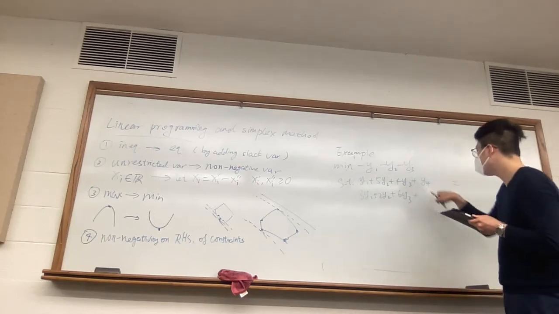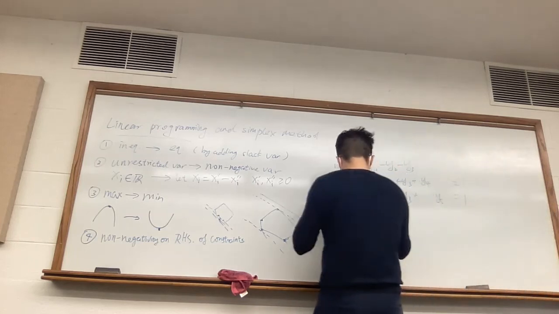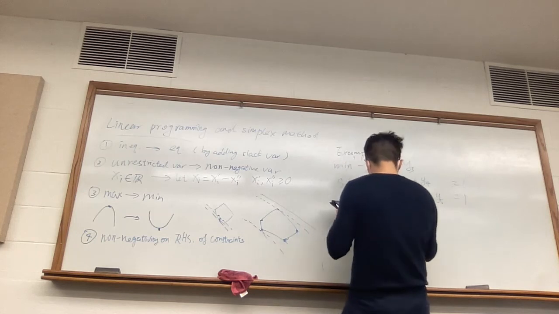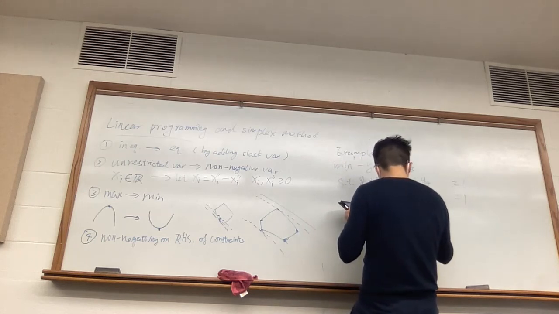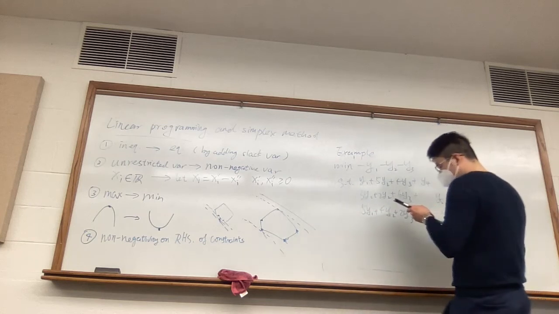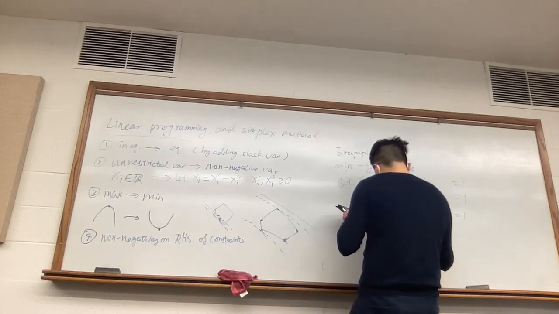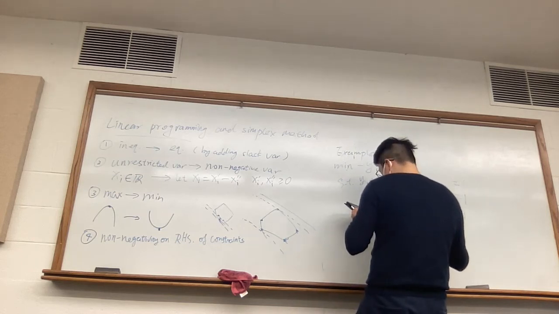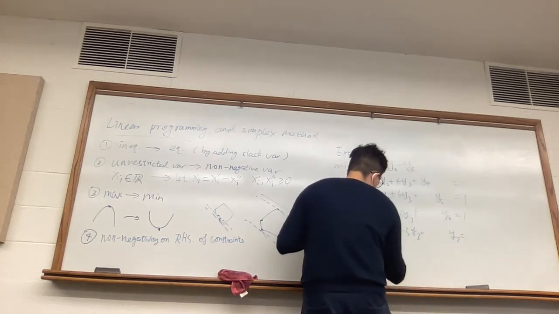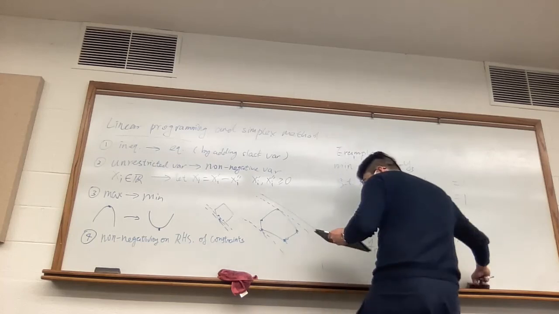Please note that y4, y5 are slack variables. And 5y1 plus 4y2 plus 2y3 plus y6 is 1, and 2y1 plus 6y2 plus 3y3 plus y7 is 1. And we also want y1 to y7 to be greater than or equal to 0.